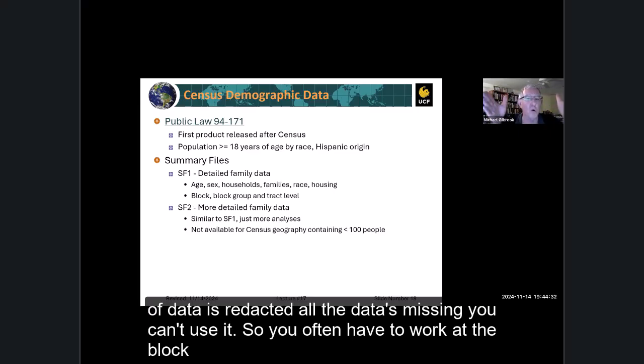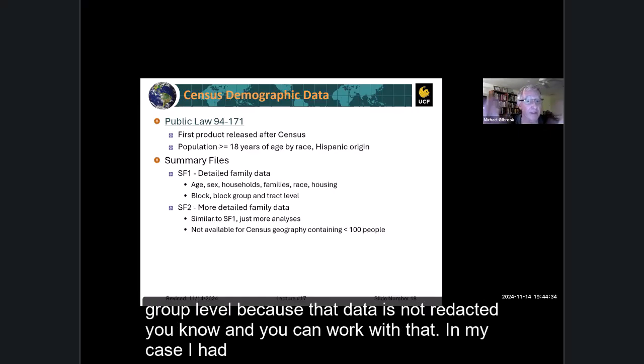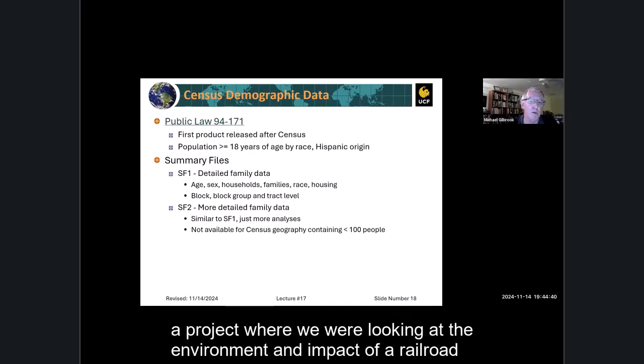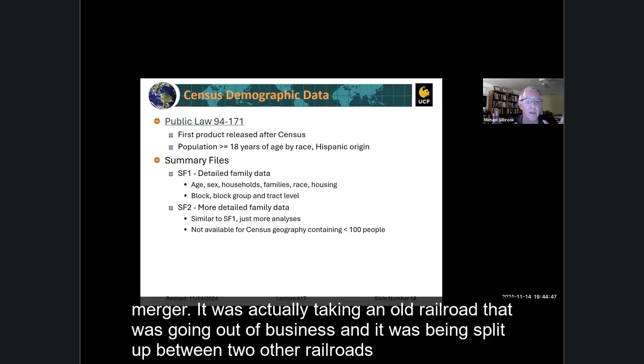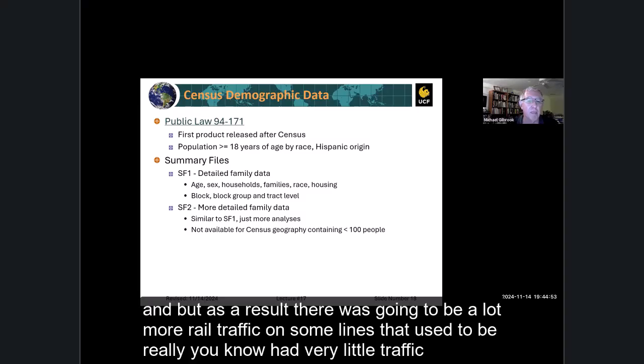So you often have to work at the block group level because that data is not redacted, and you can work with that. In my case, I had a project where we were looking at the environmental impact of a railroad merger. It was actually taking an old railroad that was going out of business and splitting it up between two other railroads. As a result, there was going to be a lot more rail traffic on some lines that used to have very little traffic.